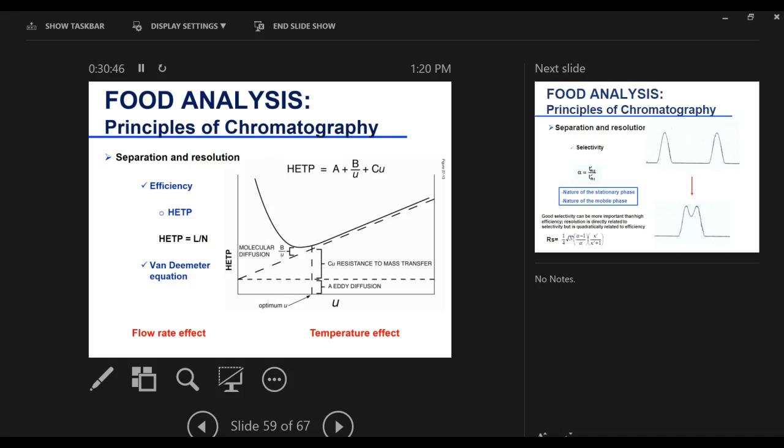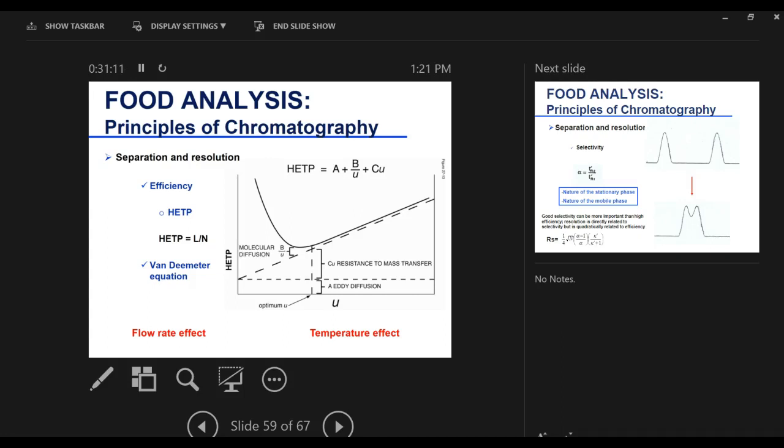So if we look here at the height equivalent of a theoretical plate in relation to the flow rate, you have to have a certain flow rate that gives you the lowest height equivalent of a theoretical plate. Below that, it would be too slow, and we increase the B factor here.